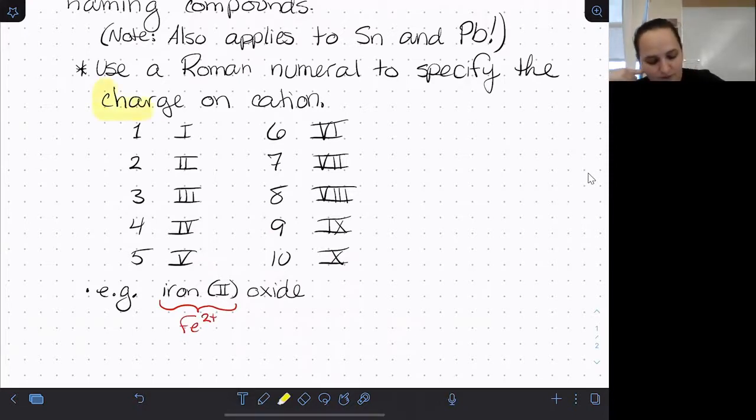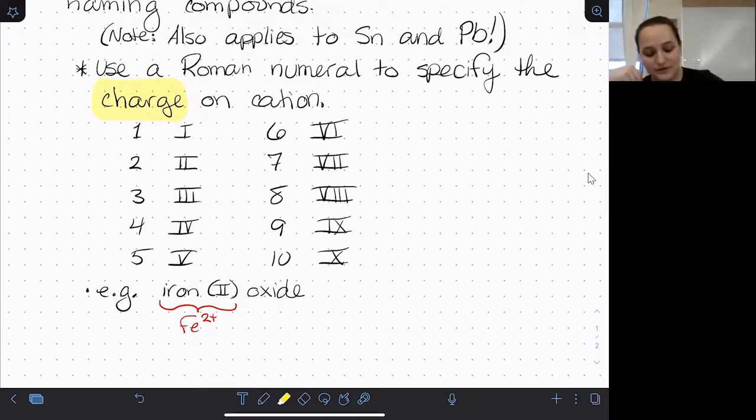Most important thing to remember is that the Roman numeral is specifying the charge. A really common mistake I see people make is that they want the Roman numeral to be the subscript, and that is rarely going to be the case. Very occasionally, by luck, it works out that way, but not most of the time.